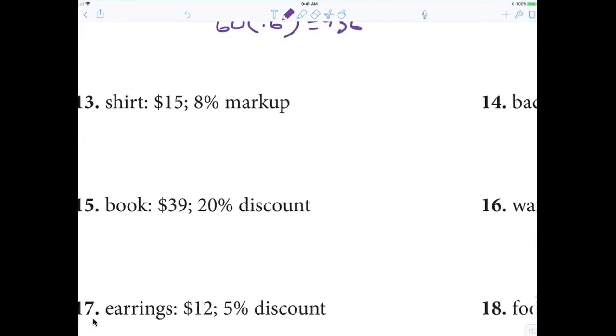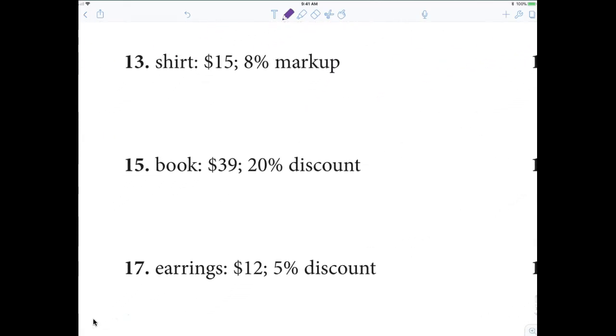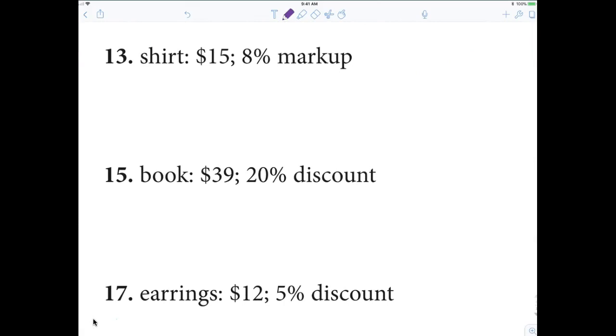All right, Abby, tell me about 13, kiddo. Times what? Times what? 1. Wait, hold on. Oh, 13, I think so. Yeah. Oh, 1.08. Yes, very good.